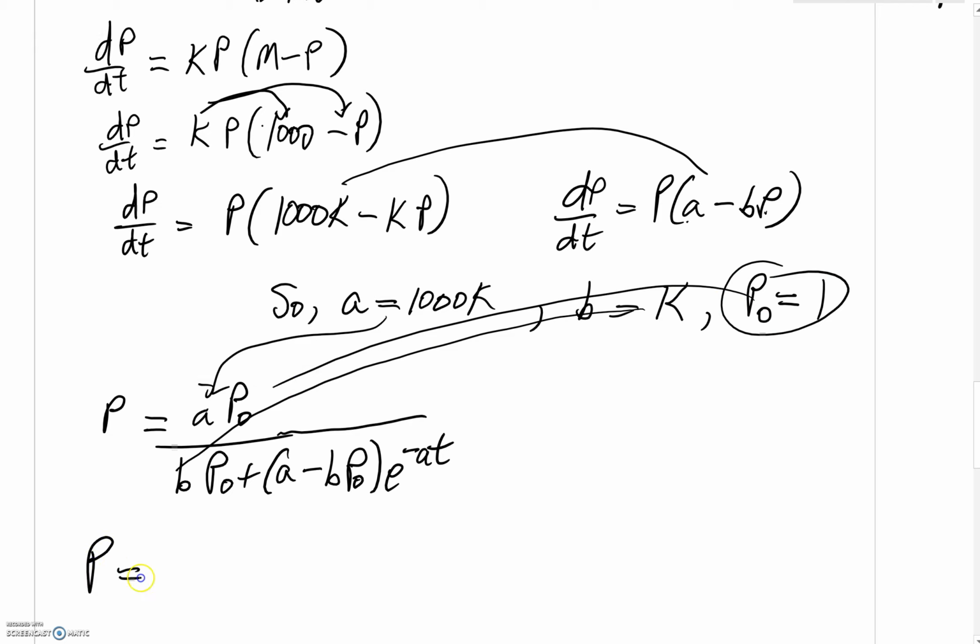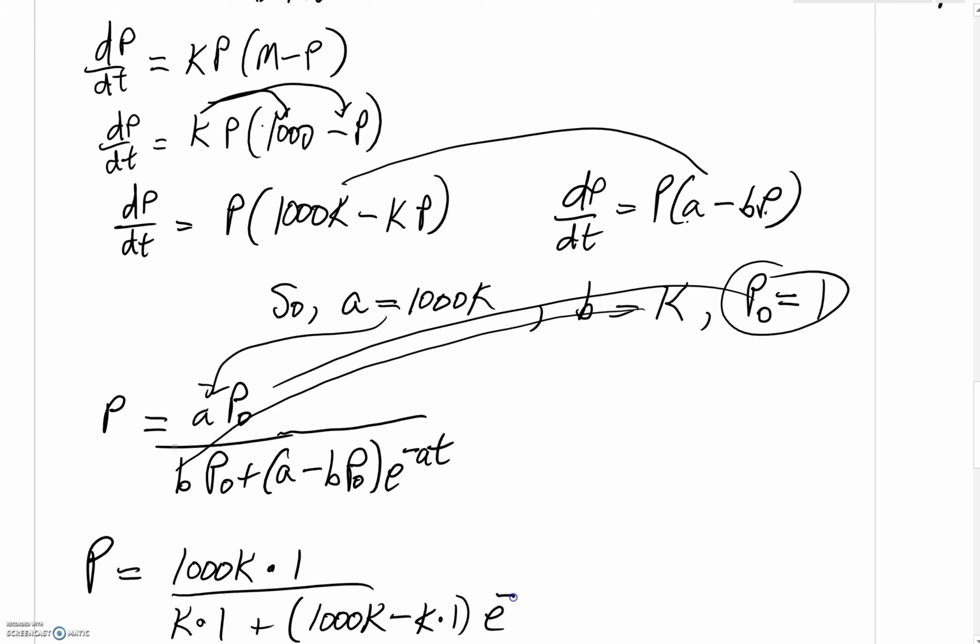So I can say P is equal to 1,000 K, that's my A, times a 1. Down below, my B is a K, my P naught is a 1, plus, well, this would be 1,000 K minus a K times a 1, times e to the negative, well, what's my A again? Well, it's 1,000 K times a T.